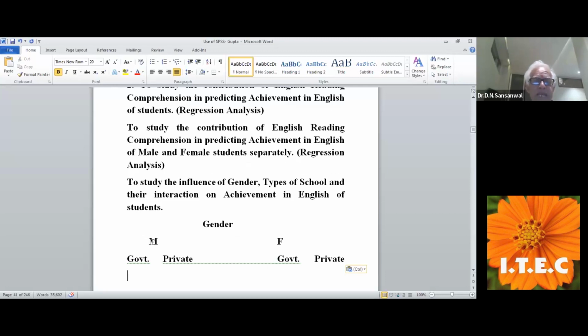So males studying in government school will be one stratum. Males studying in private school are another stratum or group. Females studying in government school are another one, and females studying in private school are another group. So there will be 4 groups.